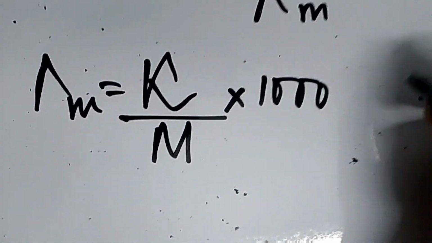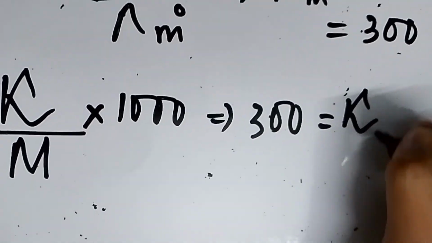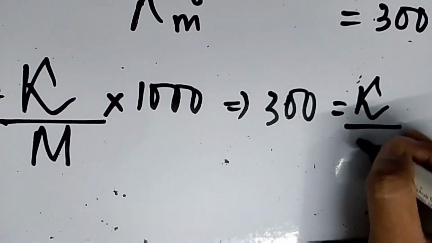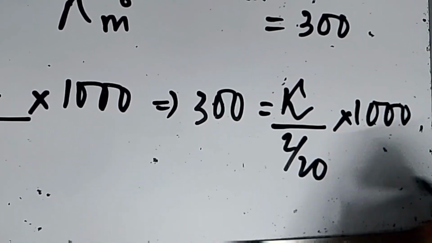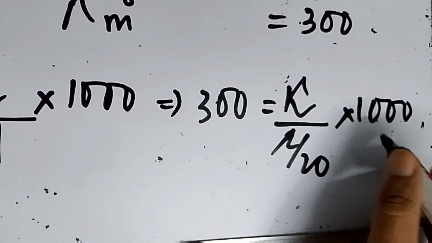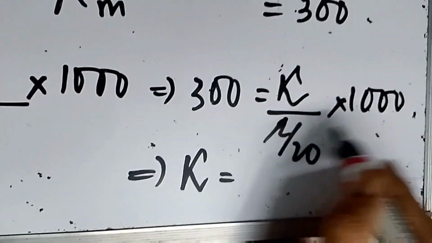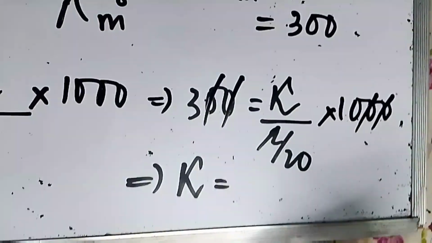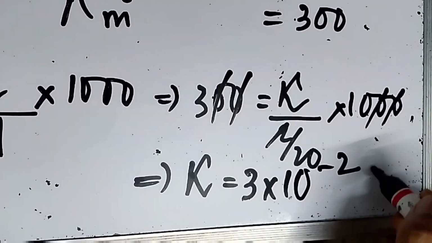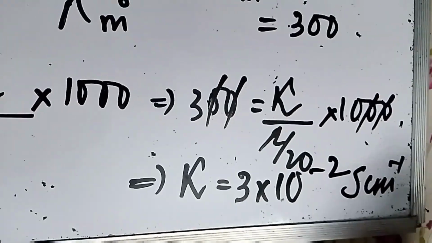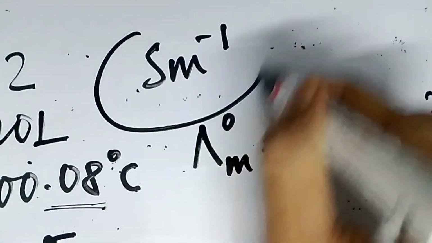Now if we place the values here, we get 300 is equal to kappa, that is the conductivity, by the molarity, that is 2 by 20, multiplied by 1000. So this evaluates to approximately kappa is equal to, we get here, 3 into 10 to the power minus 2 Siemens per centimeter, and we are required to give the answer in Siemens per meter.